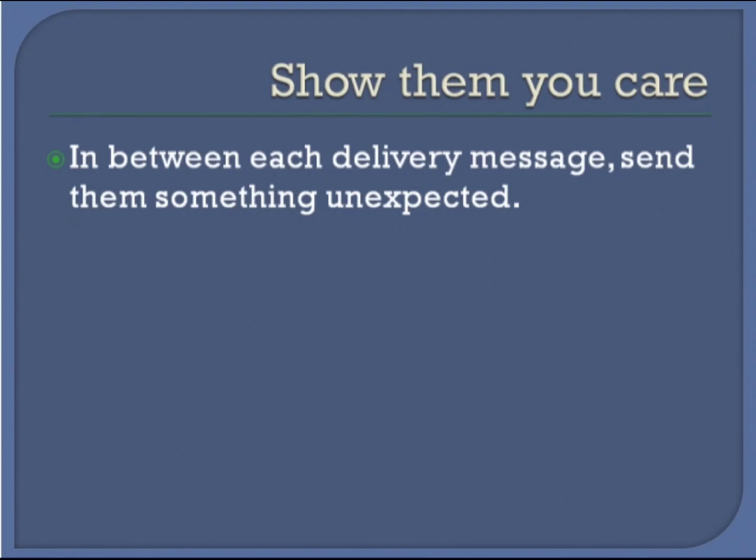Let's say all the messages are sent on a specific day. What you can do is 2 days after those messages go out, you can say, hey, did you get my message? Here's a link if you didn't. Have you taken action? Here's how to break through some distractions to take some action. Help them get there. If you can help them get there, that'll show them that you care.